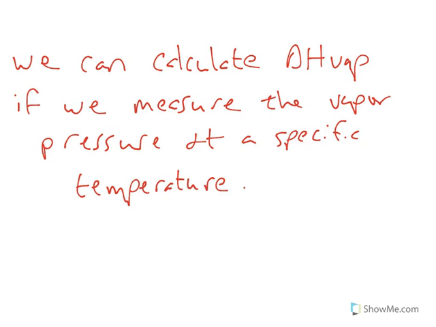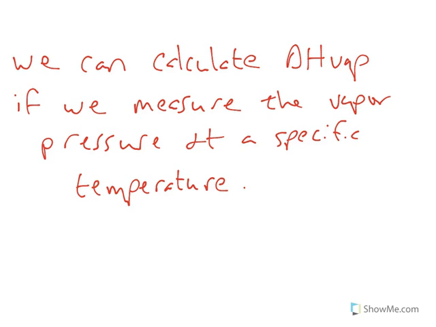And once you know delta H of vaporization, you can go through and build the entire curve by using the Clausius-Clapeyron equation.